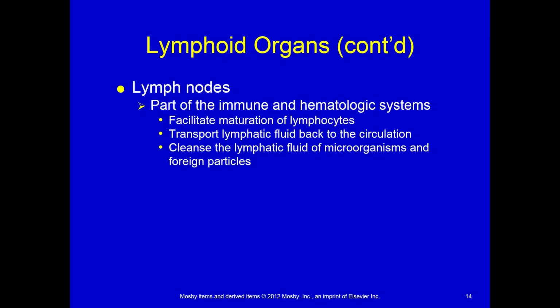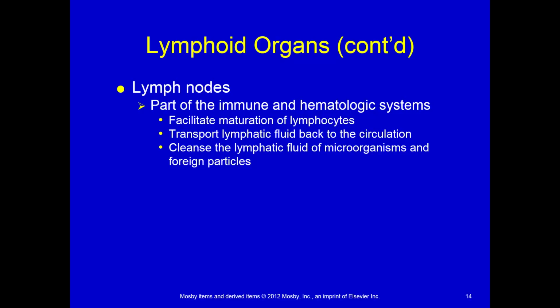Okay, so during infection, interestingly, the rate of lymphocytes within these lymph nodes is so great that the nodes really do start to enlarge and actually become tender. It has not only to do with increased fluid being drained off of these infectious areas, but also because of the increased number of lymphocytes.